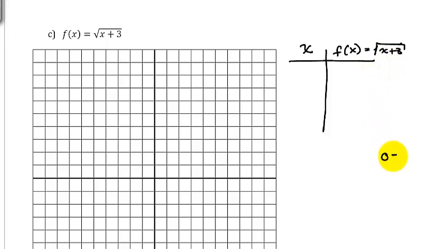So we want the thing underneath the square root to be 0. And so if x plus 3 is 0, then x would have to be negative 3, because you would subtract 3 from both sides. Then if we wanted to take the square root of 1, then that would mean that x plus 3 would have to be equal to 1. And if you subtract 3 from both sides of this, you get x equals negative 2.